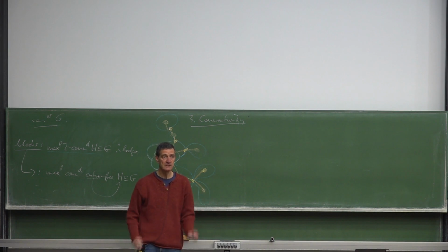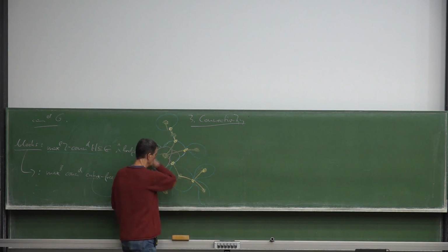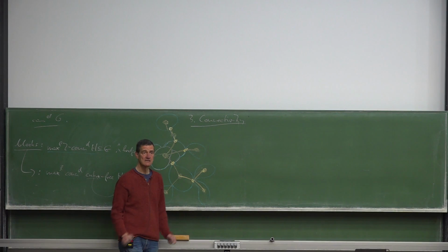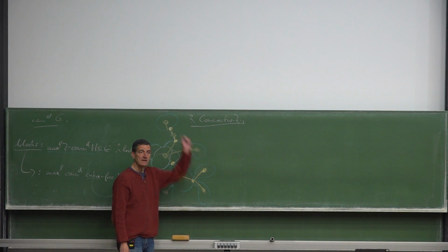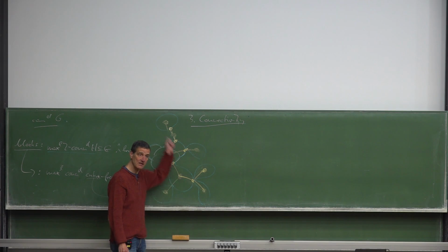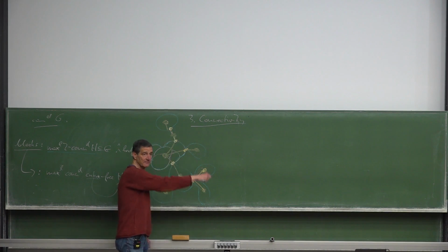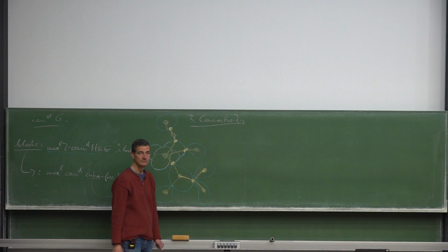So here's the definition. Vertex set is all the blocks and all the cut vertices. Edges are containment. It's a bipartite graph. One class are the blocks. The other vertex class are the cut vertices of G. And we form edges in this bipartite graph between any block and any cut vertex that it contains.